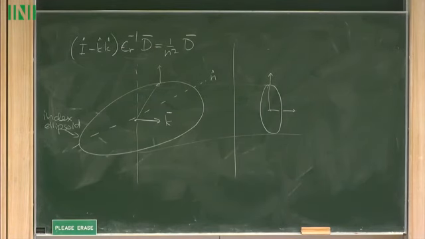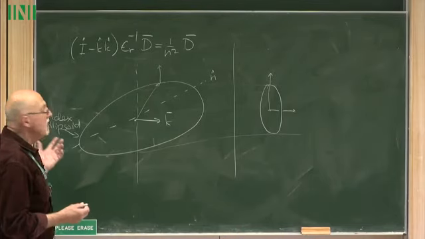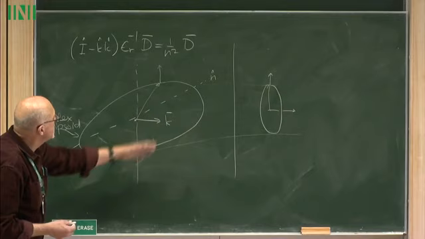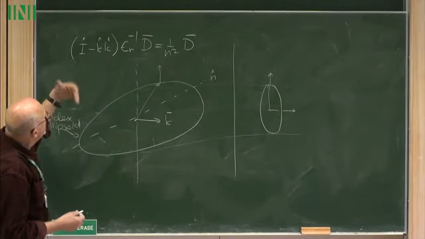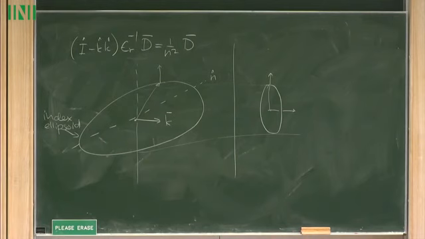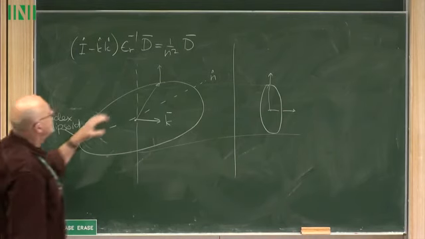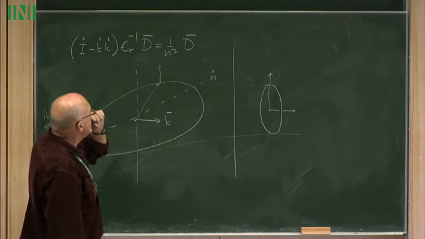So you don't have to do anything other than that. You just imagine this ellipsoid defined by the inverse of the permittivity tensor, and immediately you can find the two values of D.